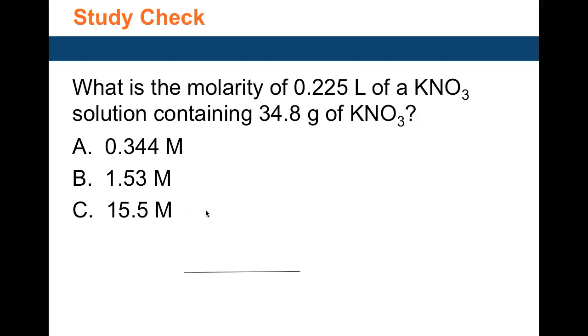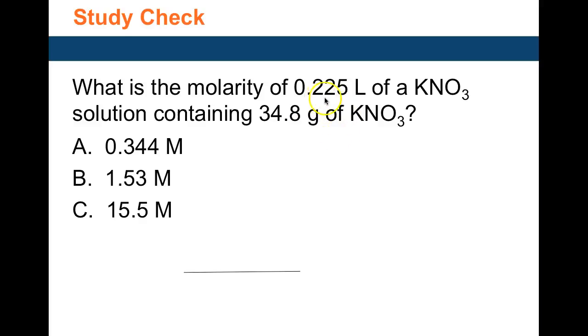In this study check, it says, what is the molarity of 0.225 liters of potassium nitrate solution containing 34.8 grams of potassium nitrate? Again, divide 34.8 by the molar mass of potassium nitrate, and you get the number of moles.